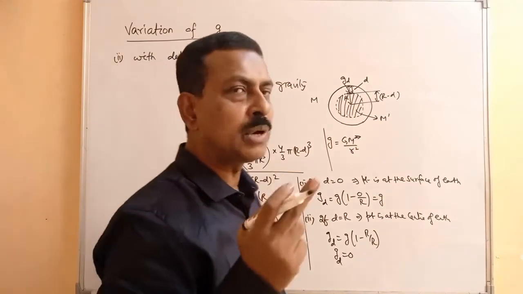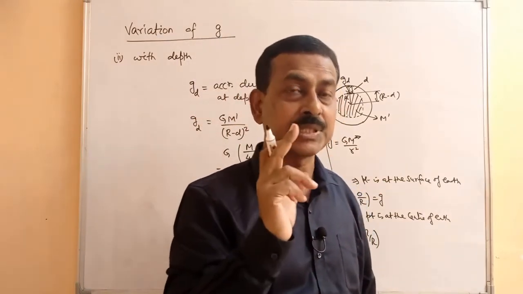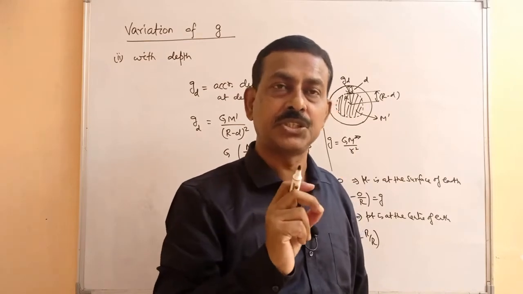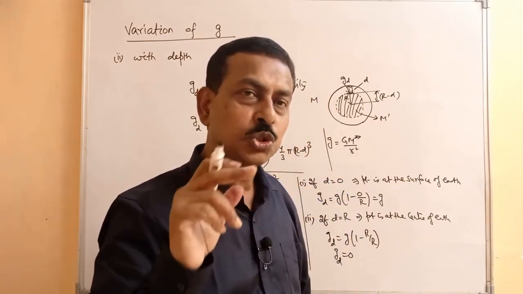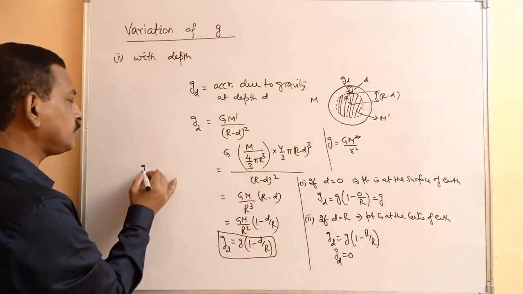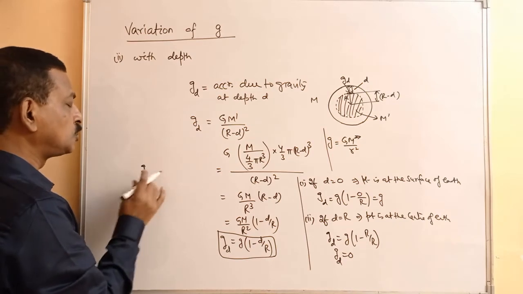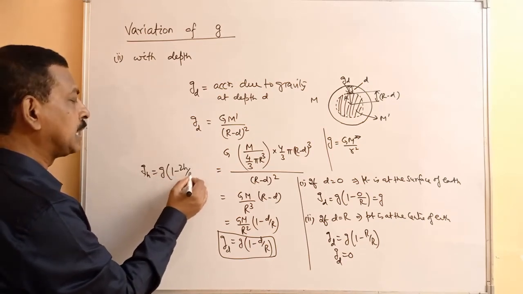Remember the earlier formula which we have used for acceleration due to gravity at a certain height, g_h = g(1 - 2h/R).